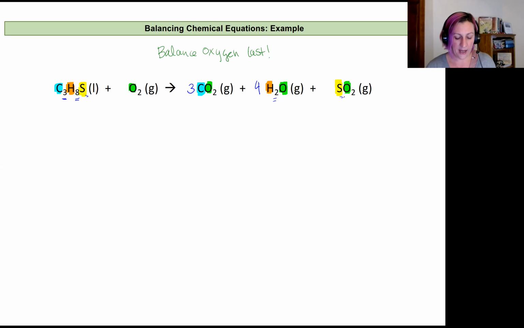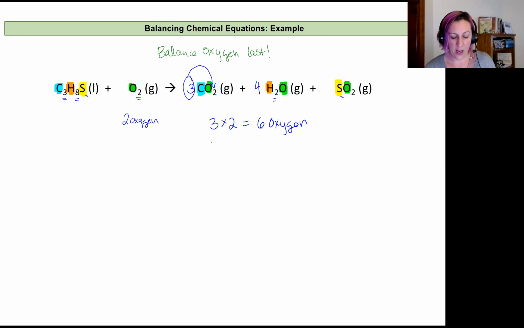And so looking at my oxygen, I have 2 oxygen on my reactant side. And for my product side, I'm always going to take the coefficient and multiply it by my subscript to determine the number that I have for any element. So I have 3 times 2, which equals 6 oxygen.